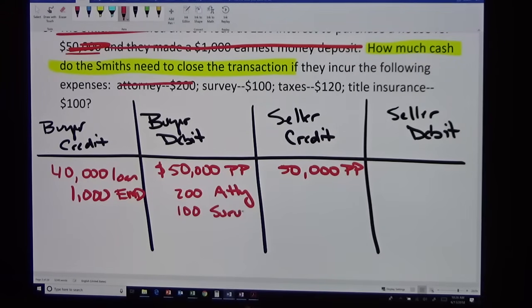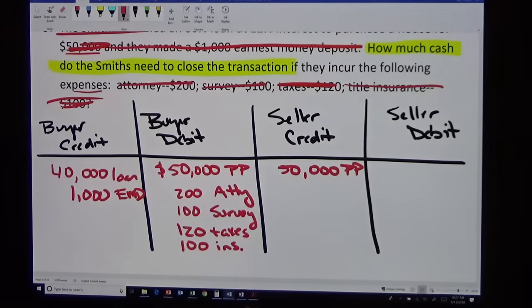That's also a buyer debit. Taxes of $120. That's a buyer debit because they said they incurred the following expenses. And then title insurance of $100. That's also going to be a buyer debit.